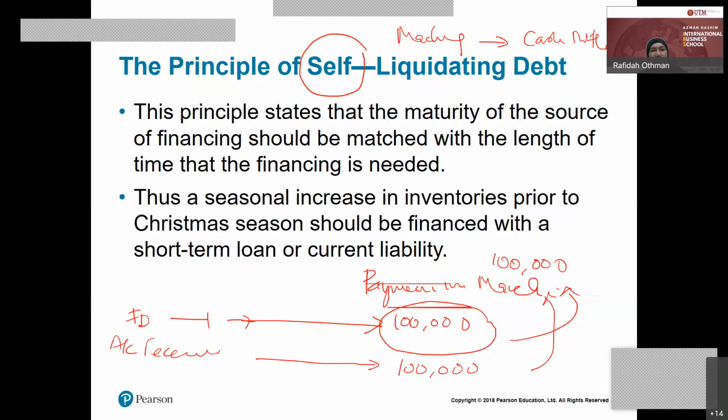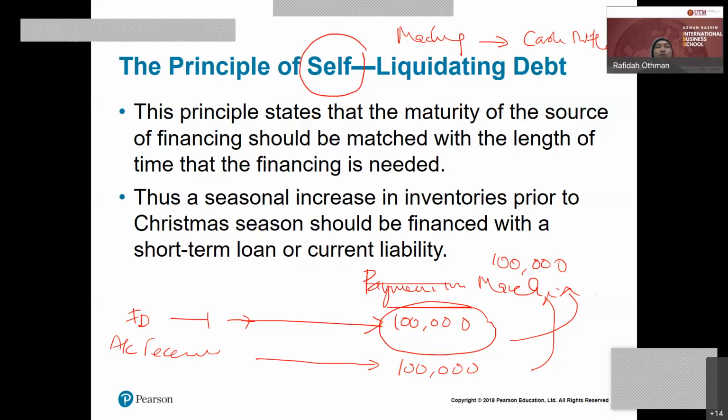Another thing is when there is a seasonal increase in inventory, how are you going to finance that? Either by short-term loan or by self-liquidating debt, meaning spontaneous financing, or by granting a loan.